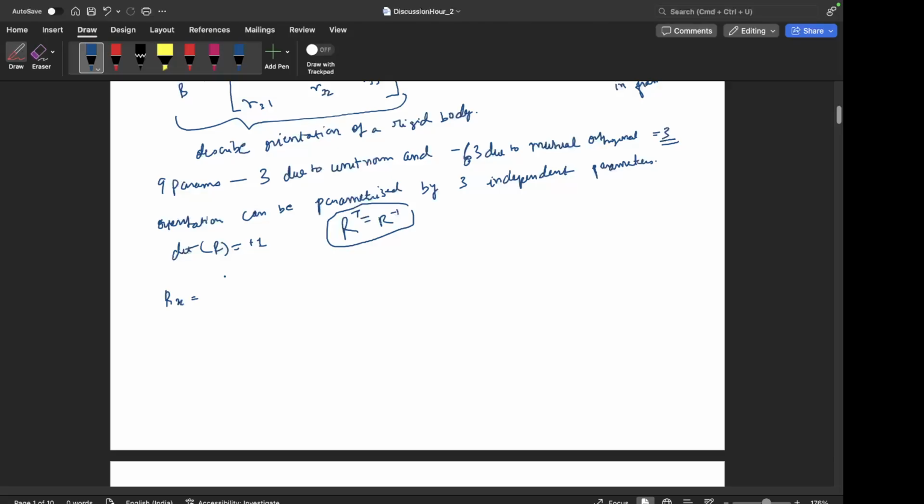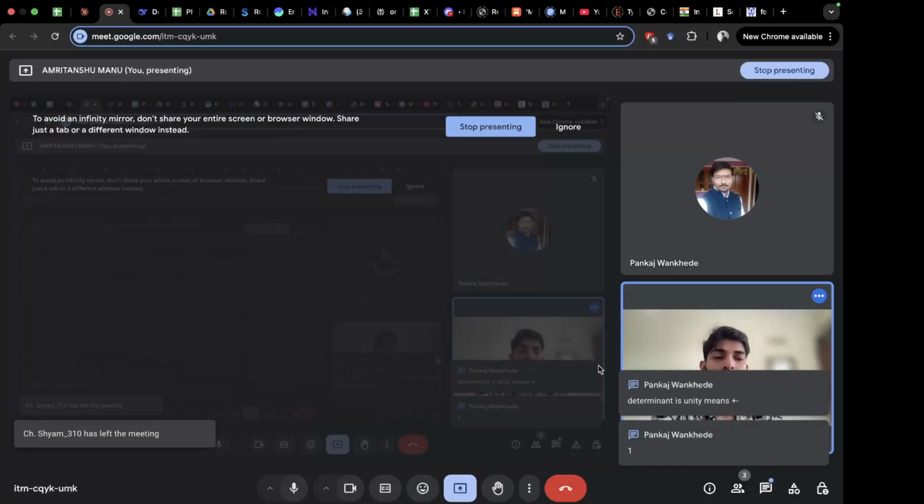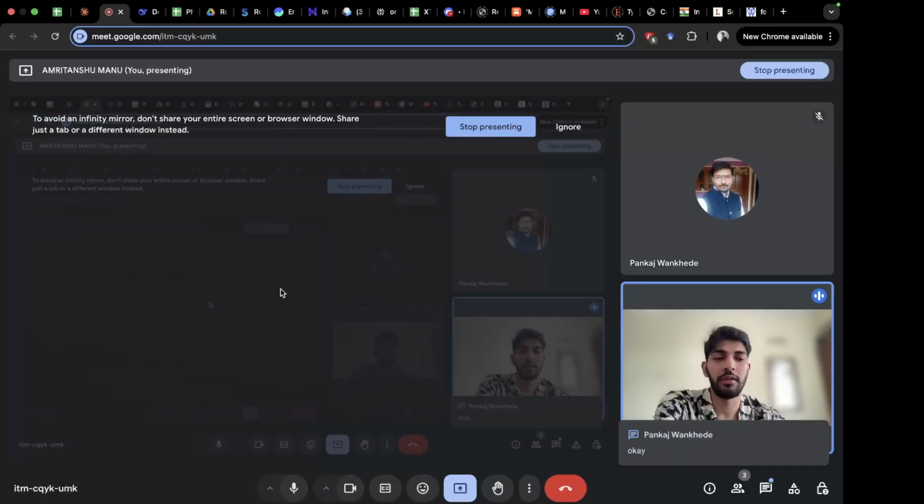Right? So Rx, the determinant is not plus or minus one, it should always be plus one, right? So determinant is always plus one, it cannot be minus one. Okay, did I clear your doubt? Yeah. Okay.